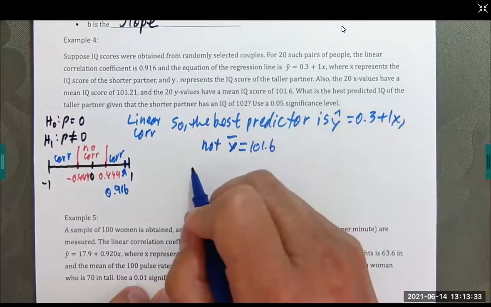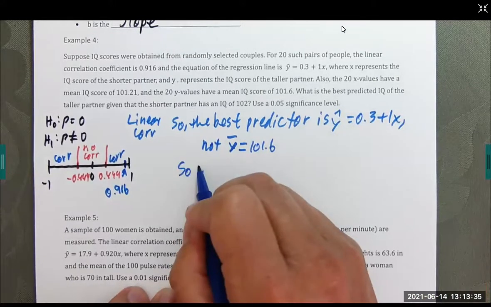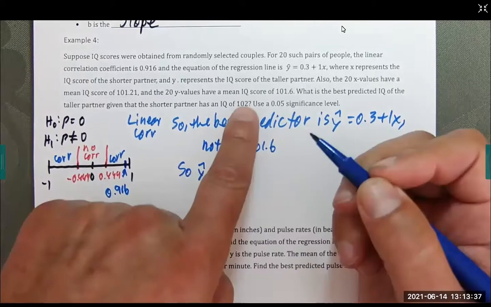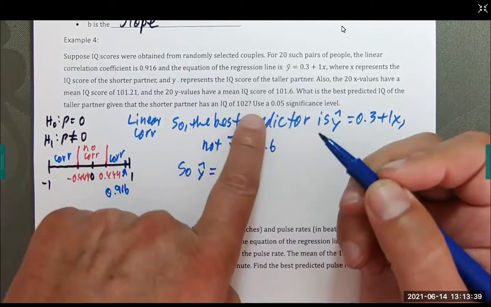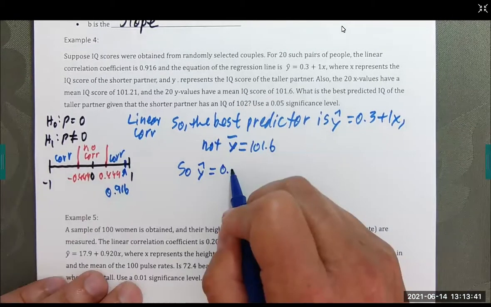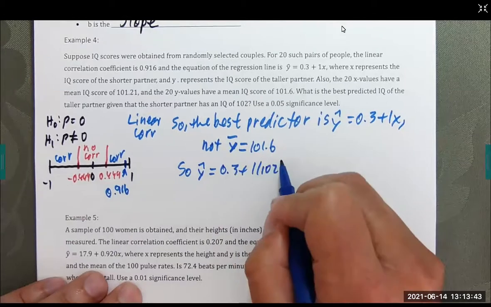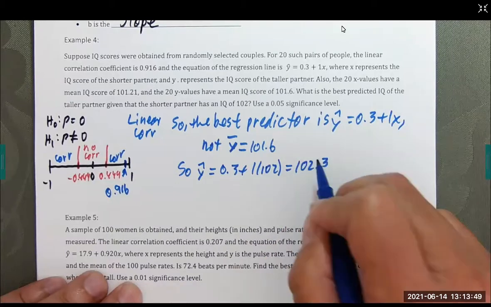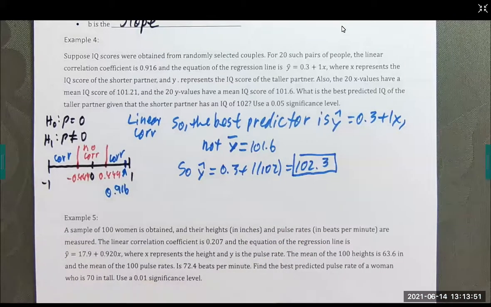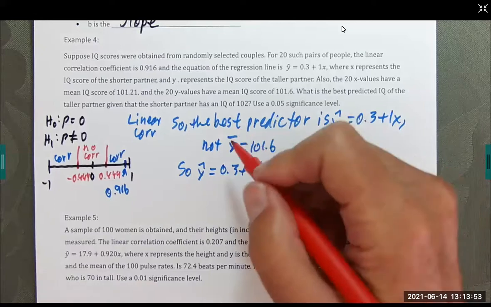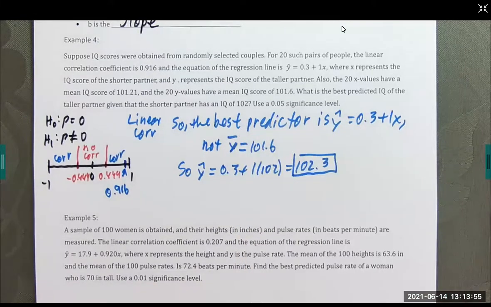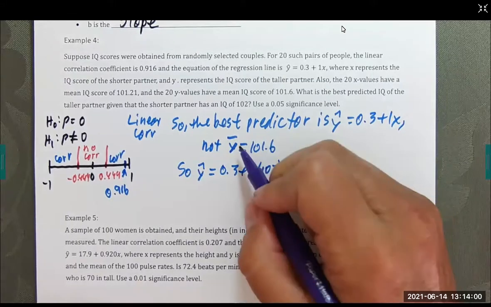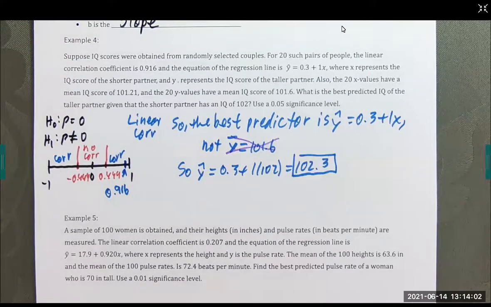So let's use our predictor. They want to know when x is 102. So this is our best predictor. So in this case, using the mean was not necessary. Now, if there was no linear correlation, then we would have used that value.